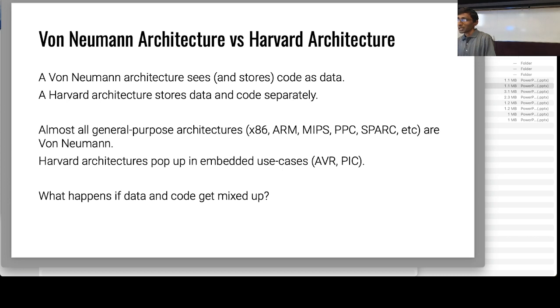There are Harvard architectures also, as you can see here, AVR, but they are relatively few, and there would be a different kind of attack that we have to think about for them.